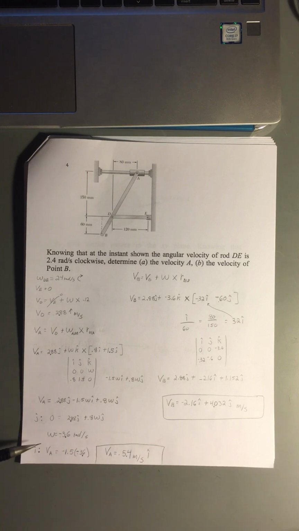And so when we solve that, we get an omega value of negative 3.6 radians per second. And then we have our equation here in the I hat direction, and we can plug in the omega that we found and solve for the velocity of A. So the velocity of A comes to 5.4 meters per second in the I hat direction.